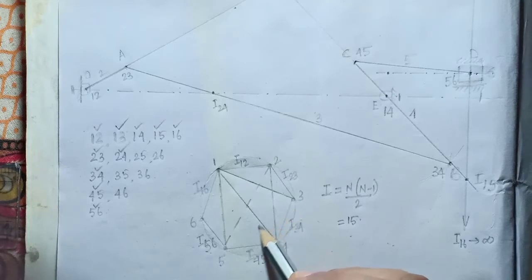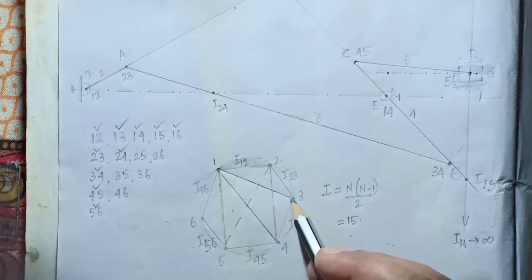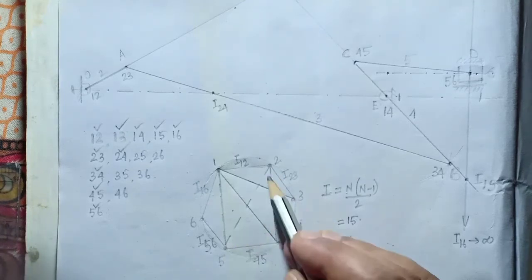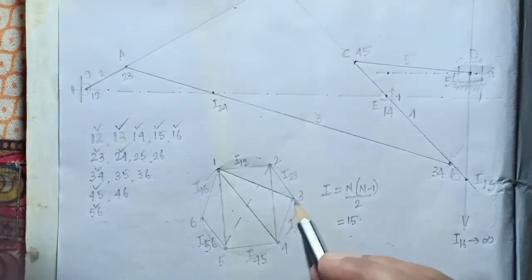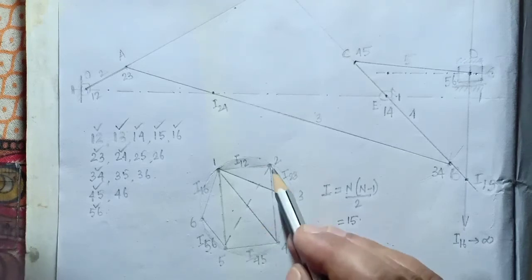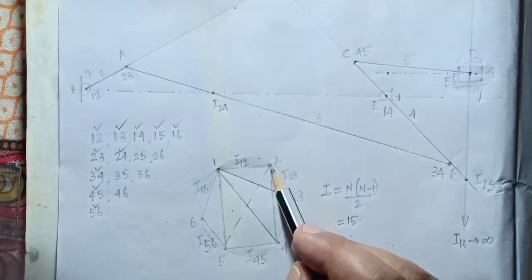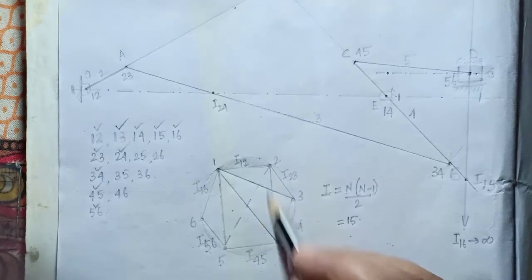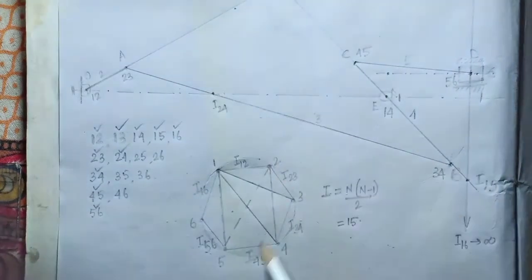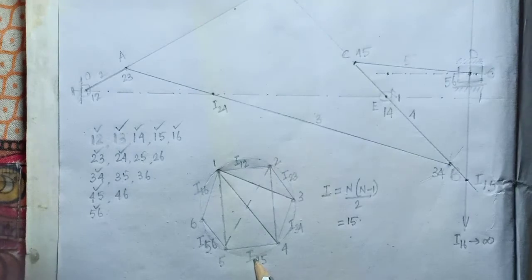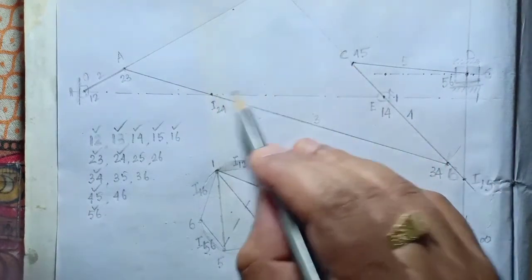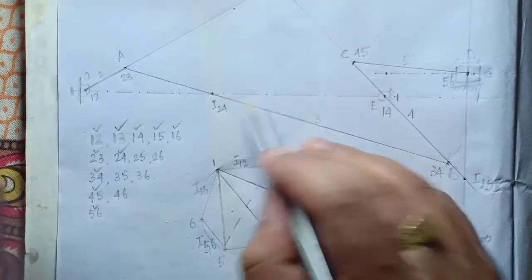We could also choose 2 to 3, 3 to 5, but 3 to 5 is unknown, so we cannot choose this path. So we'll follow 2 to 4, 4 to 5. 2 to 4 is over here, and 4 to 5 is here. We need to join and extend these points.